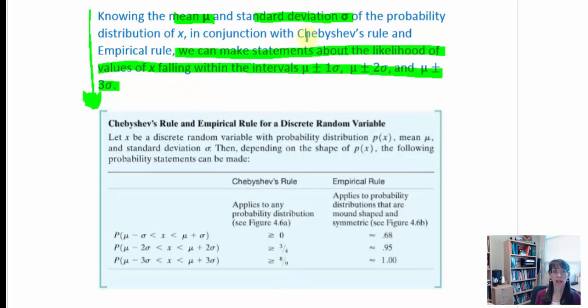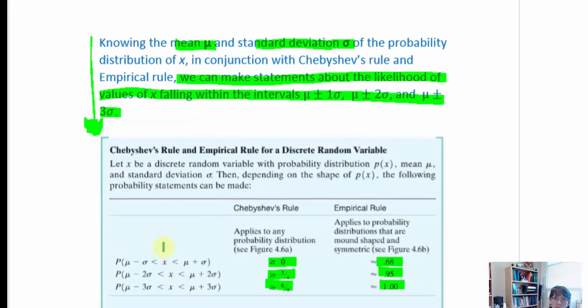So knowing the mean and the standard deviation of the probability distribution of x, we'll be able to make a statement about the likelihood of values of x falling within 1, 2, or 3 standard deviations of the expected value. So in the chart we have just a reminder of those percentages. Chebyshev, remember, within that first standard deviation we don't know much about it, but it is greater than or equal to 0. So we'll refer back to this chart with an example for our classwork today.